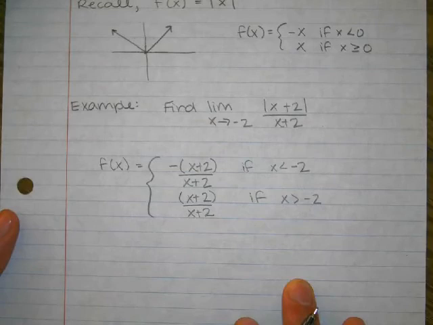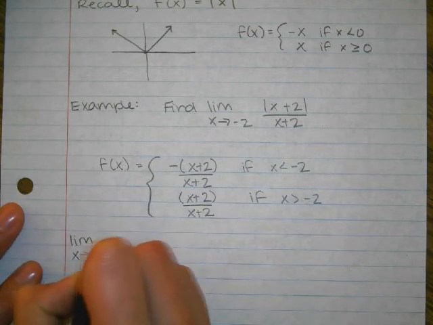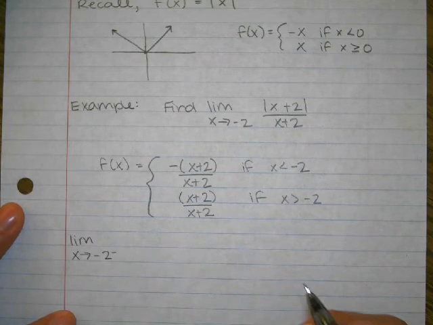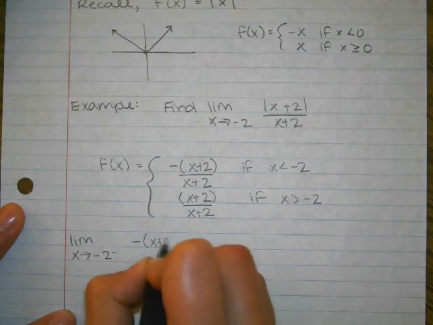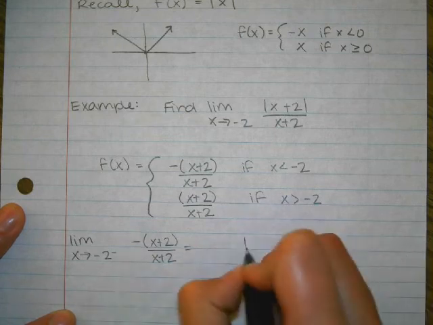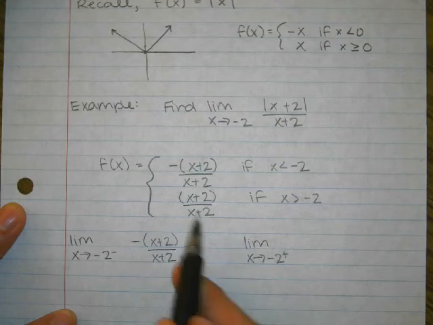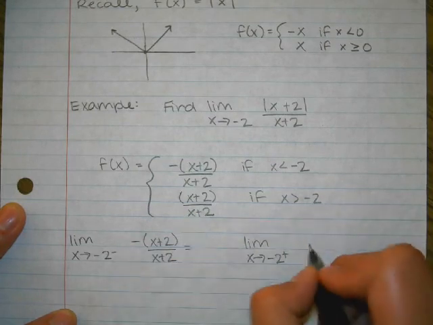Now at this point, I can look at this piecewise function from the left and from the right side. So the limit as x approaches negative 2 from the left side would be using this first function right here. And then I'm going to look at the same thing as x approaches negative 2 from the right side, and this time I would be using the second part.